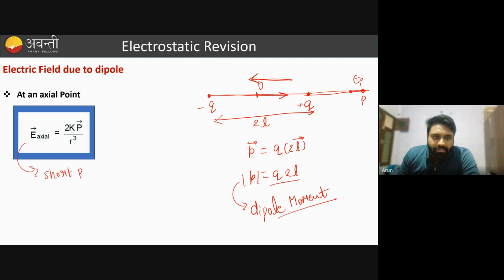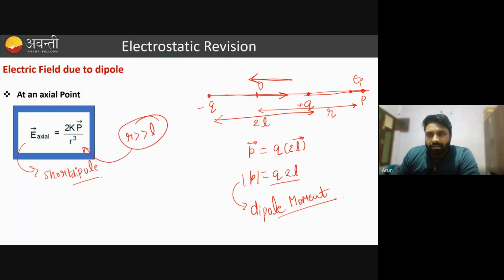For a short dipole, the condition is that if point P is at distance r from the center of the dipole and r is very much greater than L, you need to apply this formula. In most numericals, you will see this formula is valid.